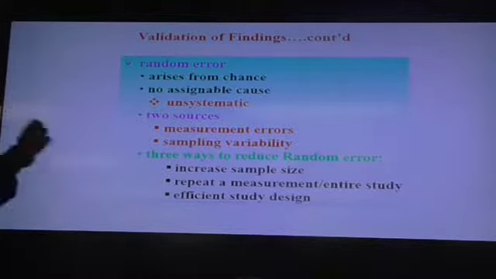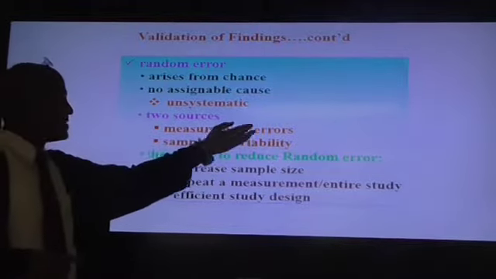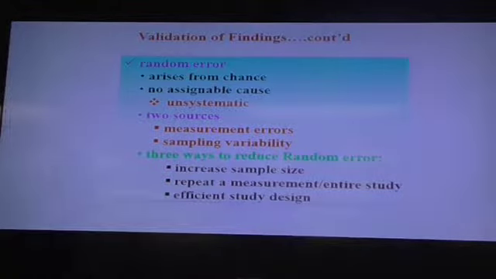But there are three ways to reduce random error. I know when you calculate the standard error, you might have seen how sample size affects the standard error. So increasing your sample size will minimize the standard error. Sometimes, because there are some measurement errors, repeating a measurement or repeating the entire study will also help to reduce random error.